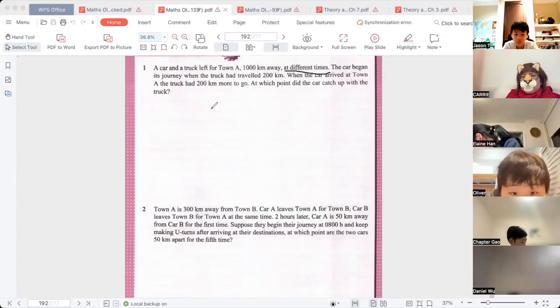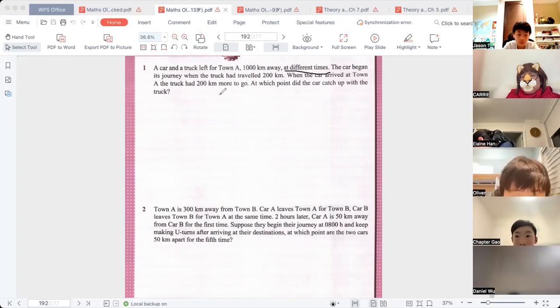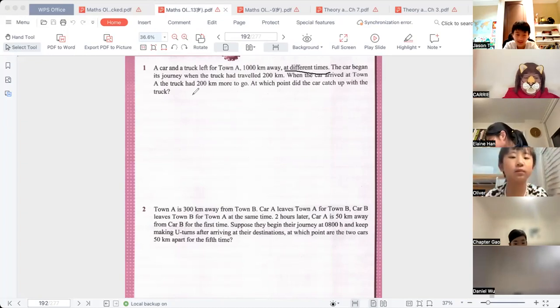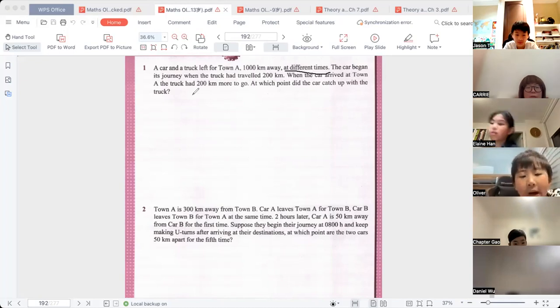When the car arrived at town A, the truck had 200 kilometers more to go. So everybody, when you see this, you can make sure that the car traveled a little quicker than the truck, right? At which point did the car catch up with the truck? 什么时候这个 car 把这个 truck 追上？Okay, everybody take a look.